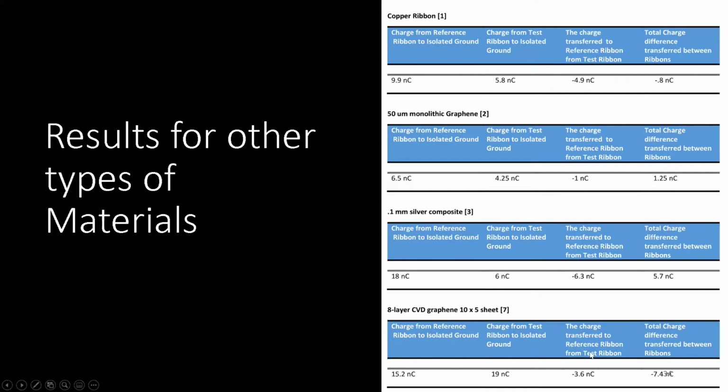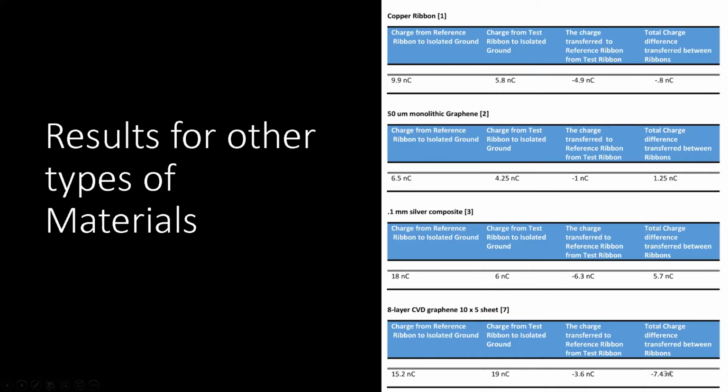And then we have 3 coming to the test ribbon. So we redo this test again, where we power both ribbons with no connections to ground. And then we see how much charge transfers between the ribbons. So now we see 7.4 coulombs going in the other direction.